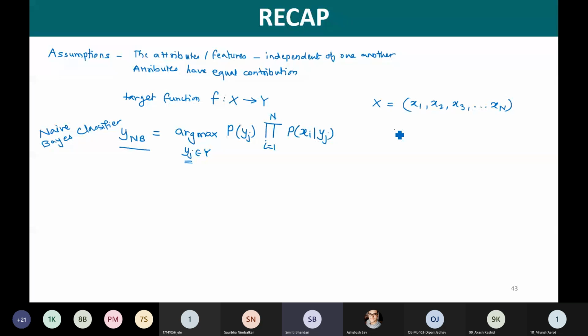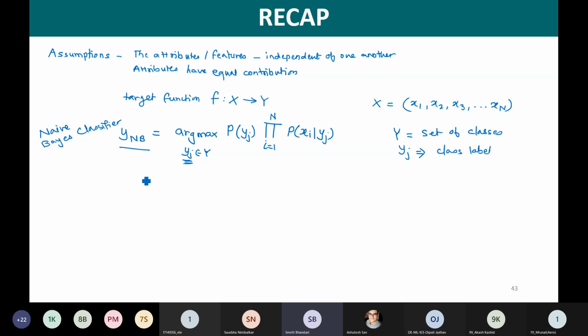And what is this yj? In fact, Y is the set of labels or set of classes. So individual yj is giving us a class label. So we are going to compute this quantity for every class, right? And for whichever class this quantity is maximum, we are going to assign that class to our sample instance or our test instance, right? So this is what we have discussed in the last class.